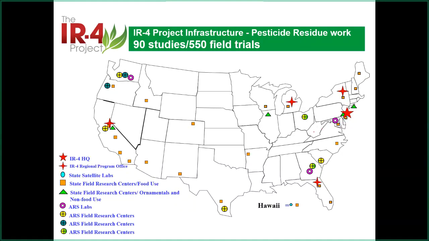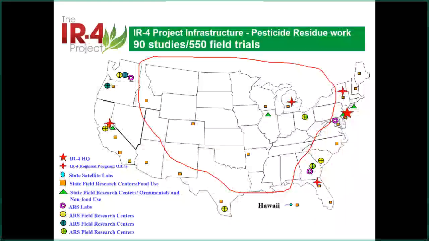Is that right? And it's interesting. It's quite empty here. Not so much IR4 activity. That's interesting. And you will see on the East Coast, there's a lot of them. On the West Coast, quite a lot of them, especially in California.